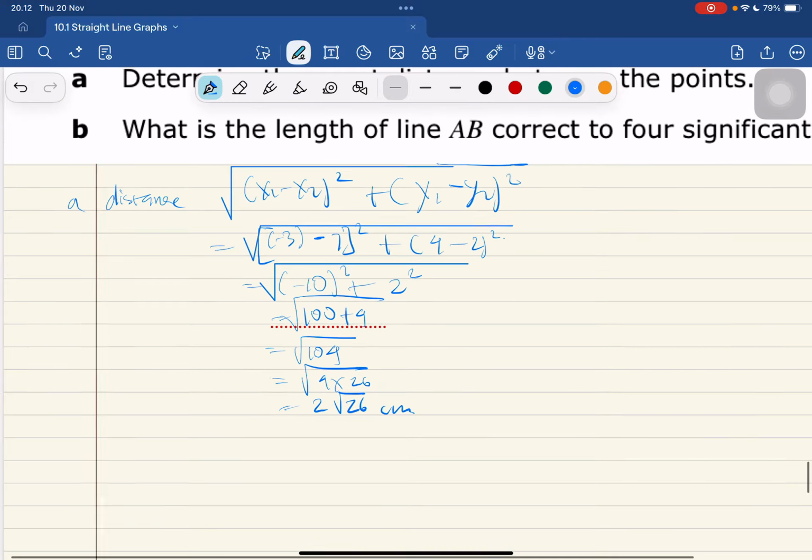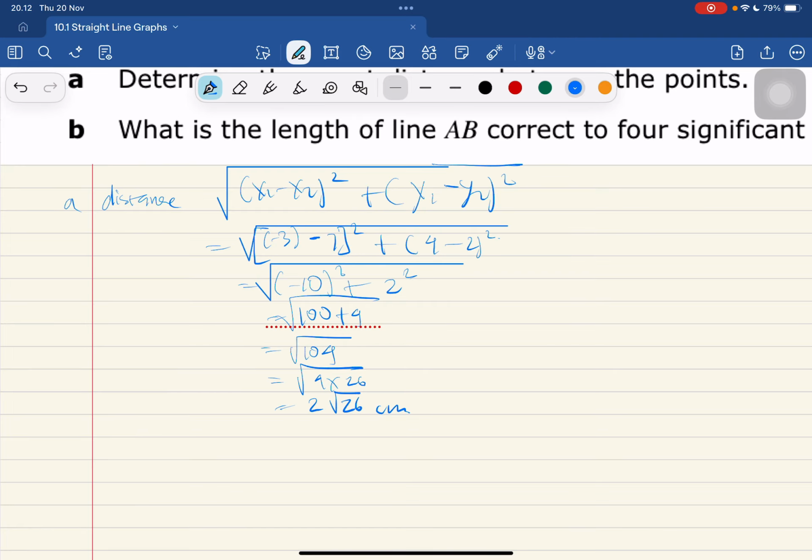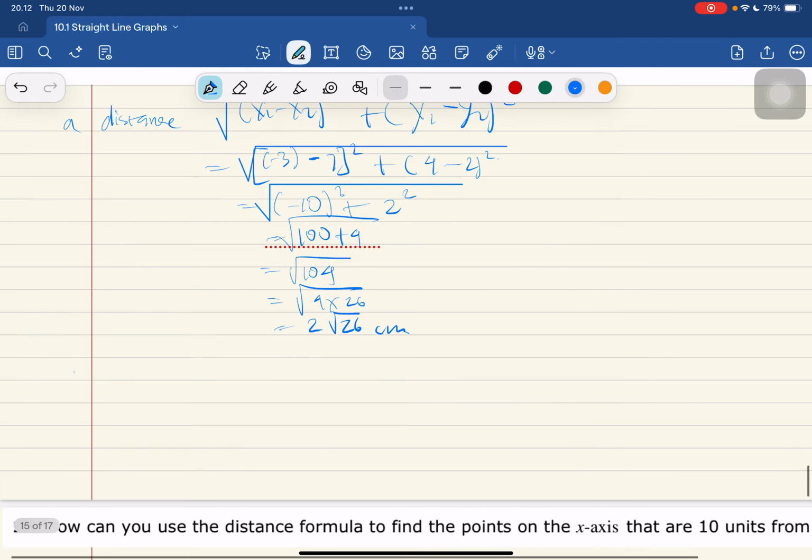Either you can use a calculator: square root of 26, then multiply it by 2. Using a calculator, it's going to be 10.20 centimeters.